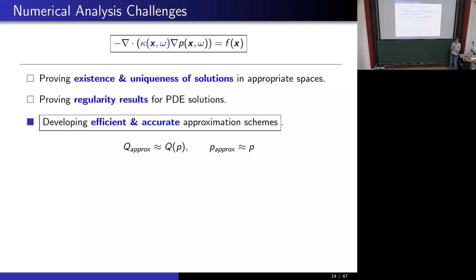Is this a well-posed problem? Can we write it down in weak form? What sort of weak form makes sense? What function spaces make sense? Does the solution exist? Under what conditions? For sure there'll be some conditions on K that will need to be satisfied in order to write down a weak problem which is meaningful.